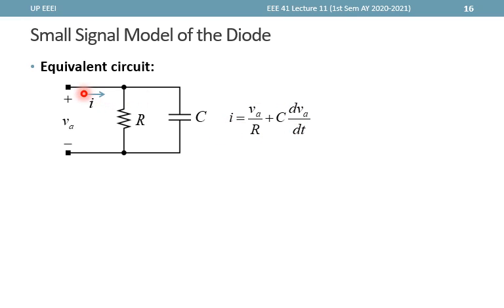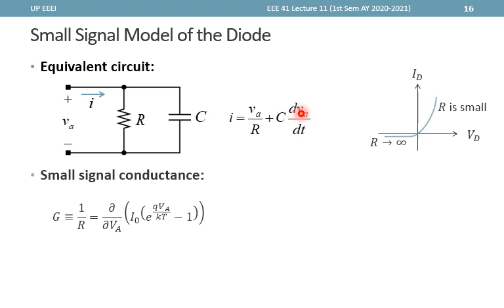By KCL, this I is equal to VA over R plus the current through our capacitor, which is C dV over dt.